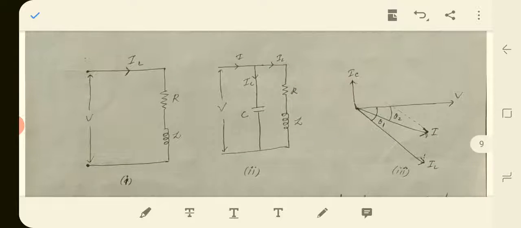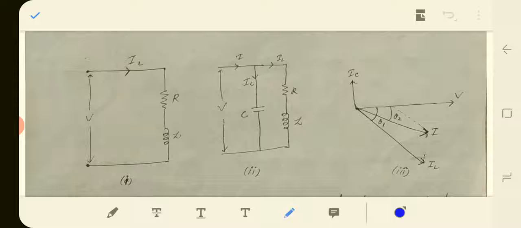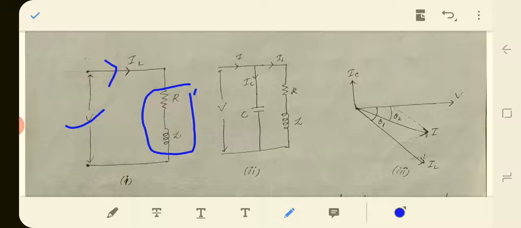Here are some figures. In the first figure, we have shown a load RL, because we are saying that most industries are of inductive nature, so we have connected a load of RL nature. Here the current supplied from this voltage source is IL.